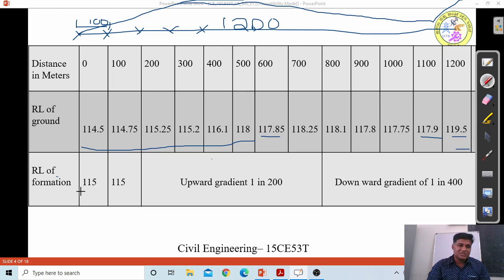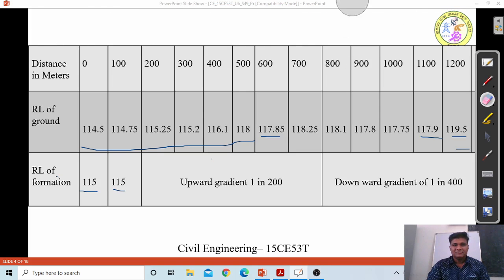Then, what is the RL of formation? The RL of formation is 115 meters for chainages 0 and 100. From 200 meters onward, he has not given the formation level, and he said that the road will have an upward gradient.